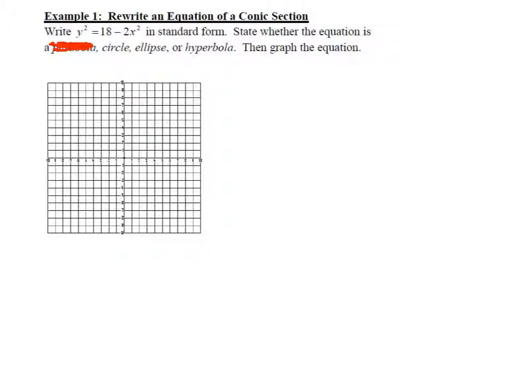So what we need to do is get your x squared and your y squared on the same side of your equation. So if we start off with the equation that's given to us, with y squared equals 18 minus 2x squared, then what we can do is add 2x squared to both sides.